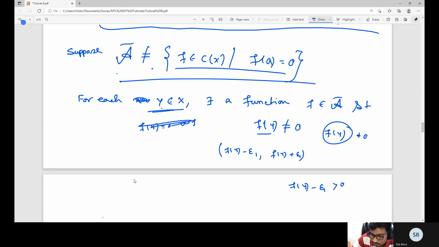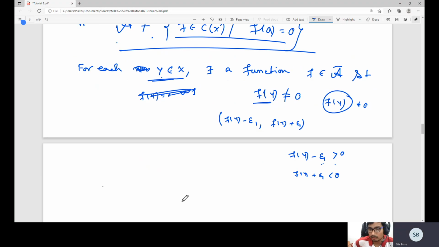If f(y) is positive, we choose an epsilon 1 such that f(y) minus epsilon 1 is positive, and if f(y) is negative, we choose an epsilon 1 such that f(y) plus epsilon 1 is negative. Can we choose such an epsilon 1?